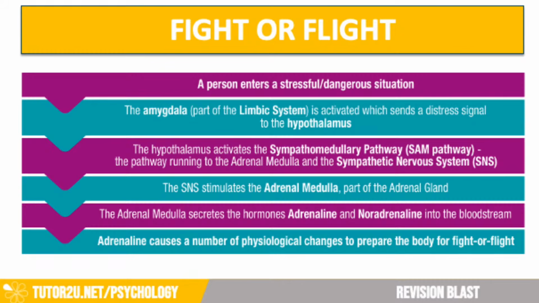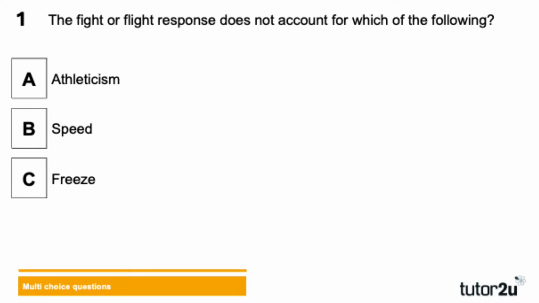Those words are significant in this pathway because the adrenal medulla is activated, which therefore activates through the sympathetic nervous system. The adrenal medulla is part of the adrenal glands, and it secretes the hormones adrenaline and noradrenaline into the bloodstream, and that causes a number of physiological changes to prepare the body for fight or flight.